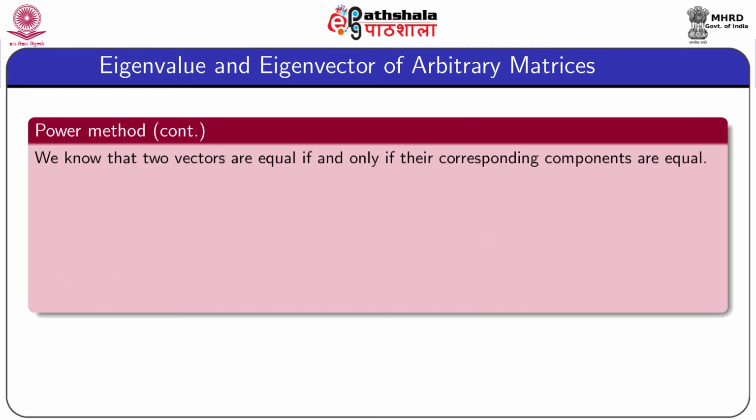We know that two vectors are equal if and only if their corresponding components are equal. That means A to the power k plus 1 into x suffix i represents the ith element of this vector. A to the power k plus 1 into x is nothing but a vector which is equal to lambda 1 into A to the power k into x.